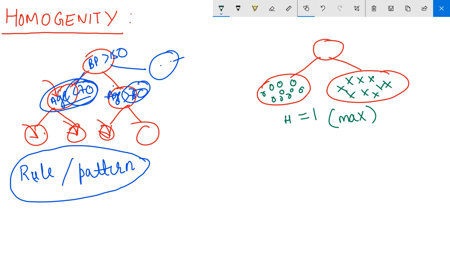So you can also say if h equals 1, this is your best homogeneity. Okay, all right. Now I must show you the real world example, how real world homogeneity looks like.